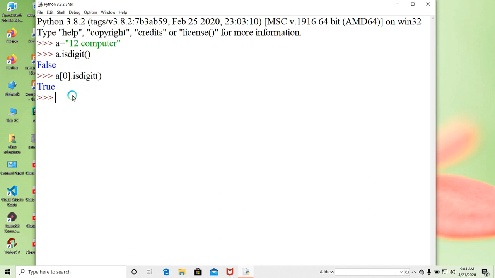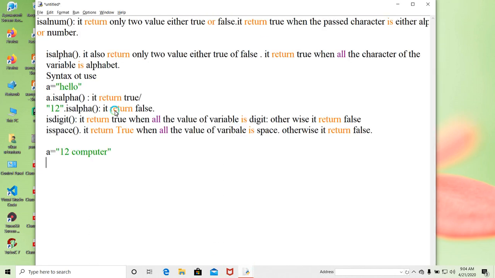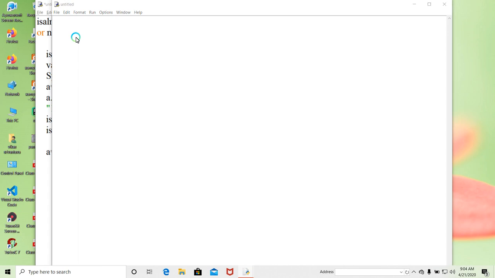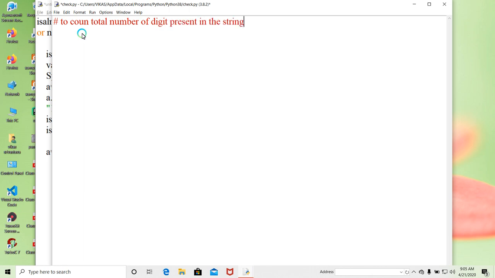So always remember, when you are going to implement programs like that, suppose the program is: I want to count the total number of digits present in the string. So how will we count?